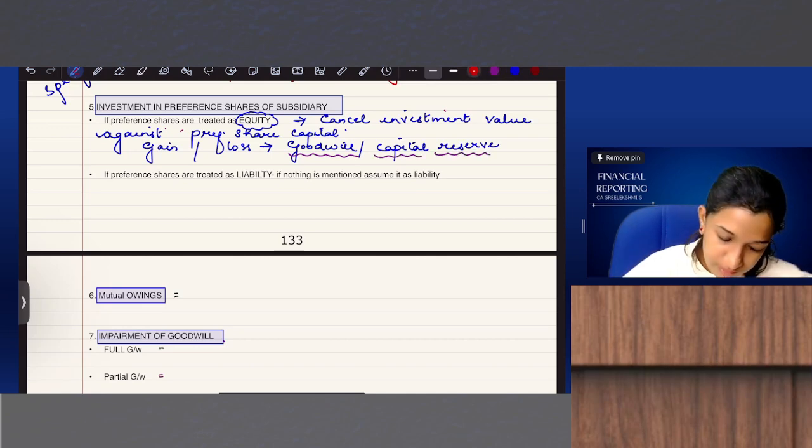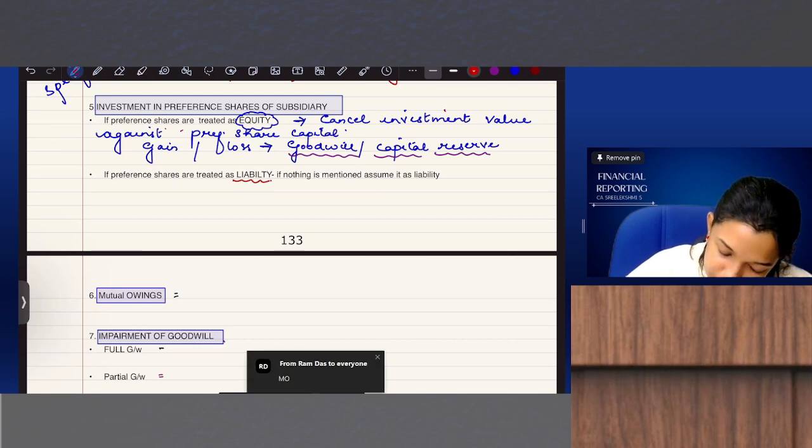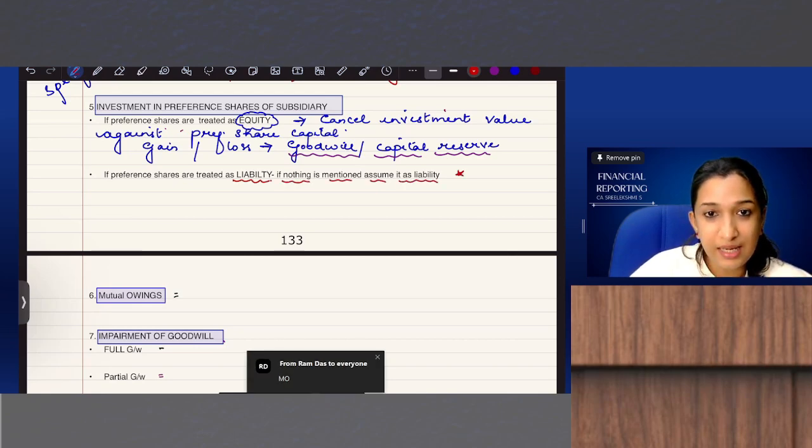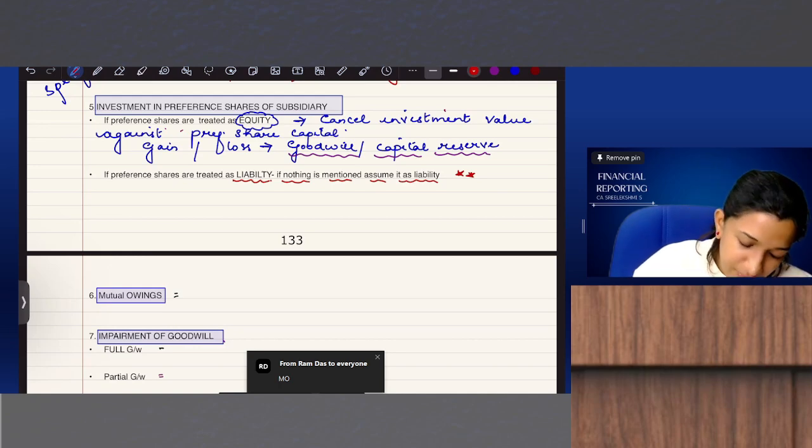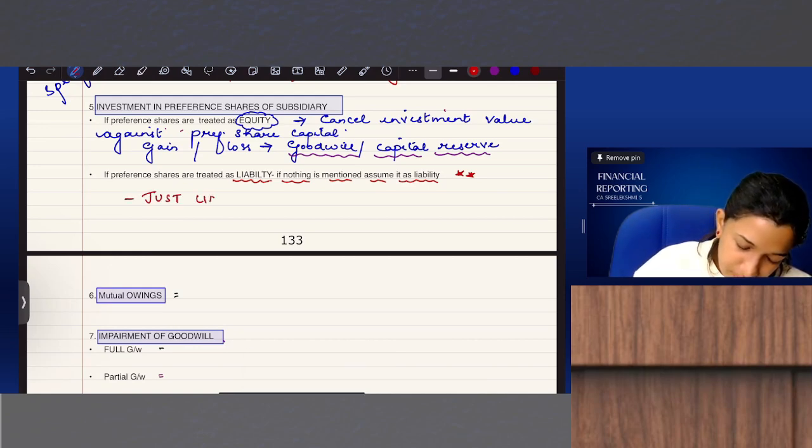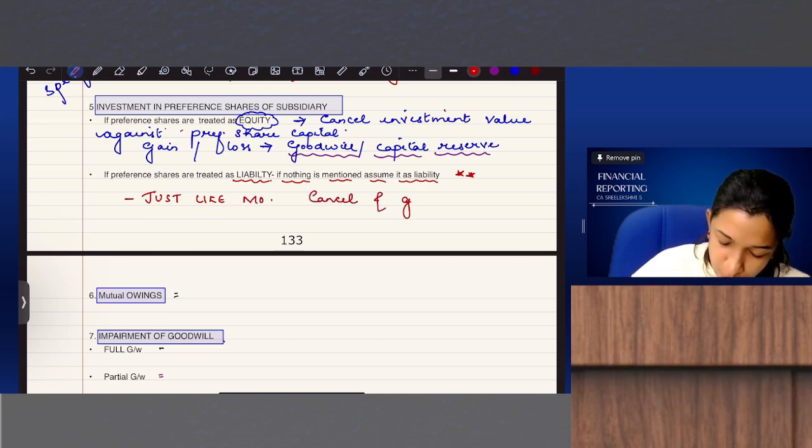If it is treated as liability: if nothing is mentioned in the question, preference shares are always assumed as liability. Treated as liability, just like mutual owing, cancel, and gain or loss is adjusted in step number 8, consolidated P&L.